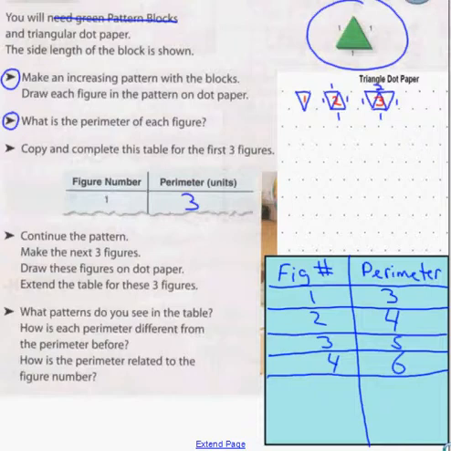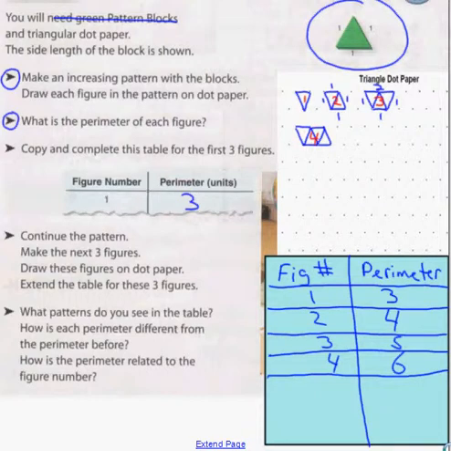Alright, so I'm going to do figure 4 underneath these. I'll start with the same ones. There's 1 triangle, 2 triangles, 3 triangles, and I'm going to add another, 4 triangles, all joined together. That's figure 4. And I'm going to measure the distance around the outside edge.